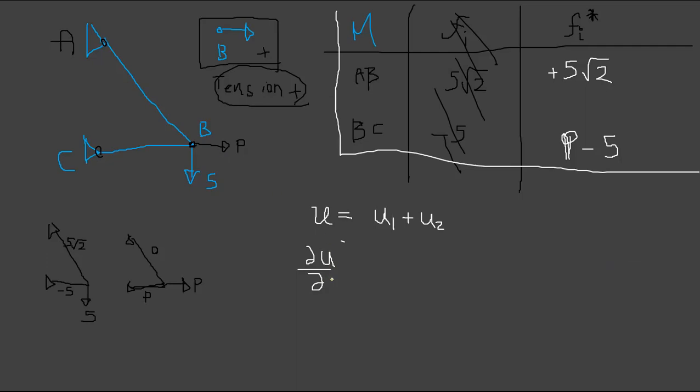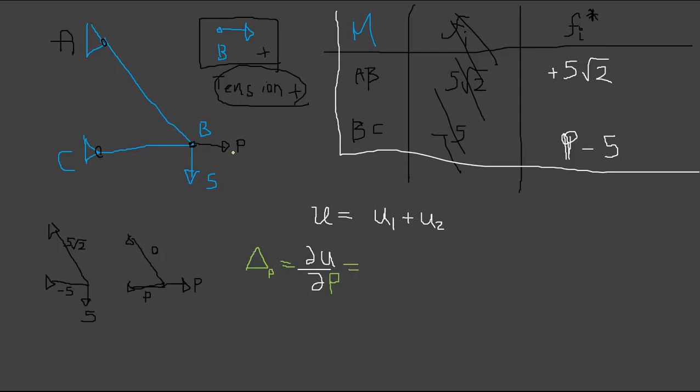So you have to differentiate it with respect to P. So that will give you the deflection along this way, the delta P. Okay. So we need that way, right?